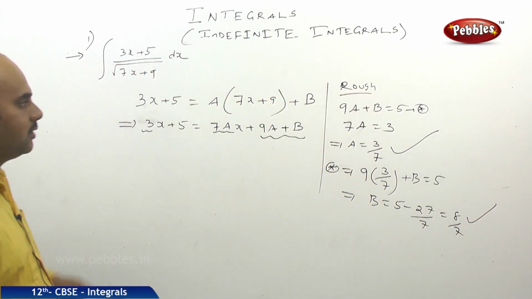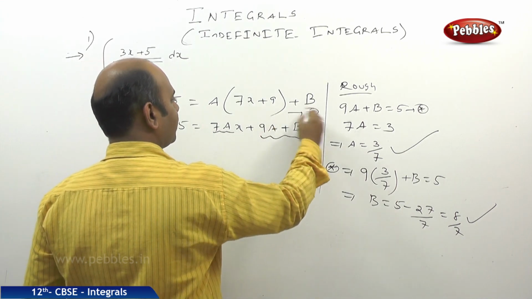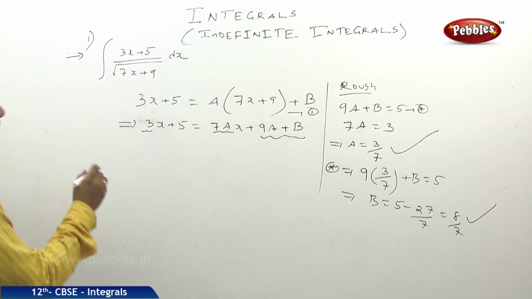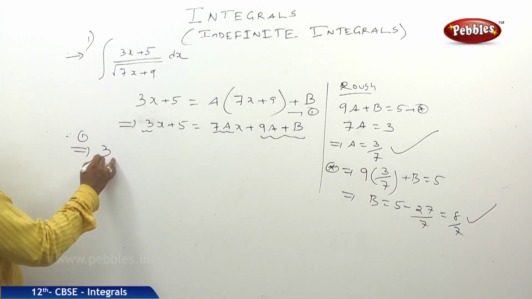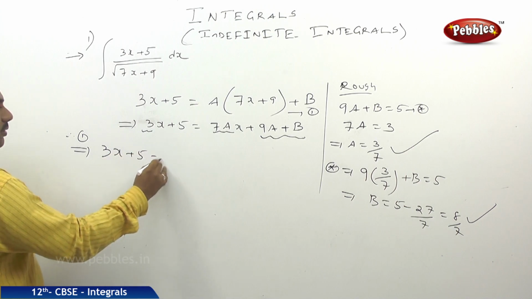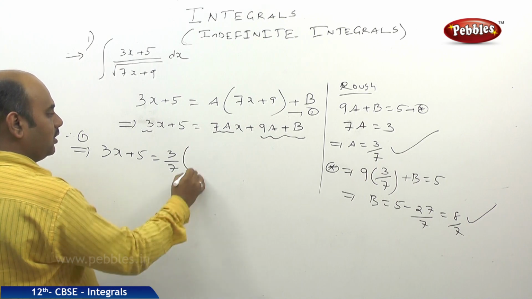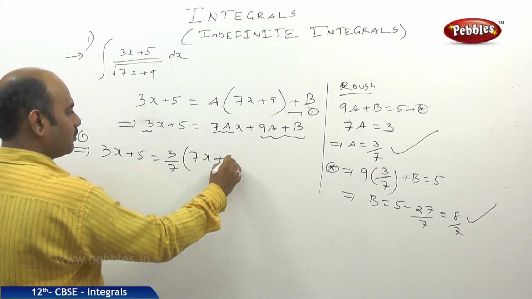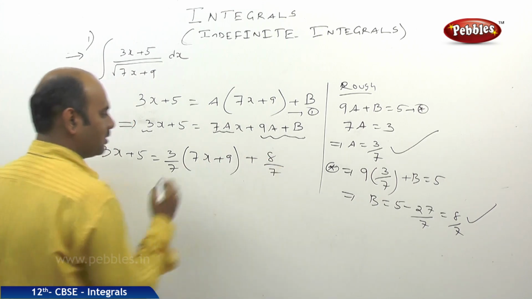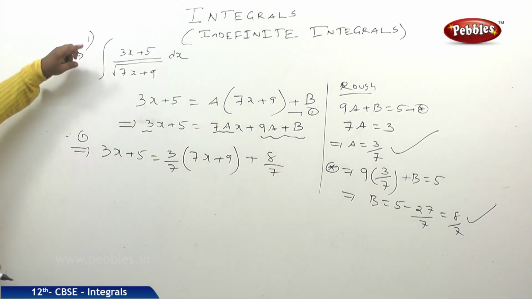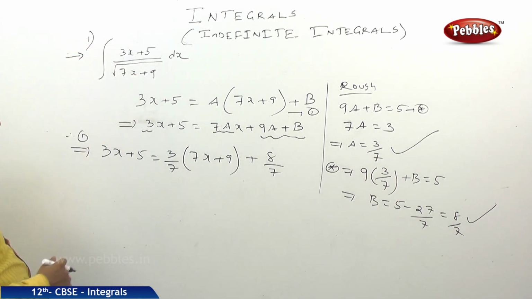So I can utilize this a value and b value in equation 1. Therefore, 3x plus 5 is equal to, in place of a I can write 3 by 7 into 7x plus 9, and in place of b, 8 by 7. But if you observe carefully, the function is 3x plus 5 by under root of 7x plus 9.